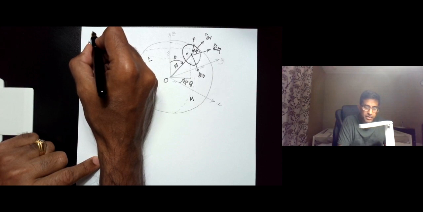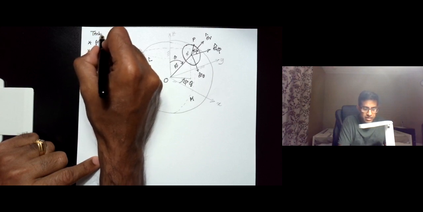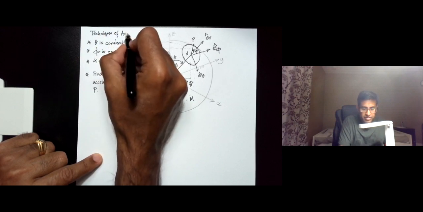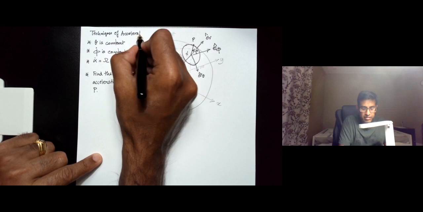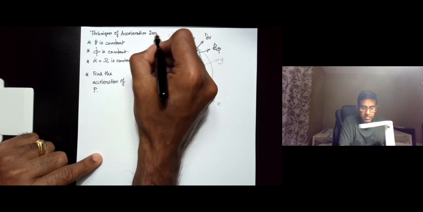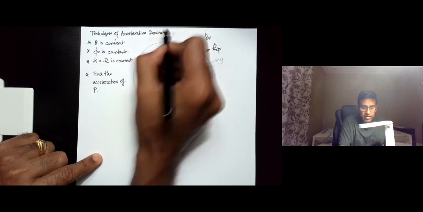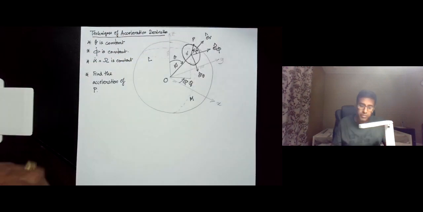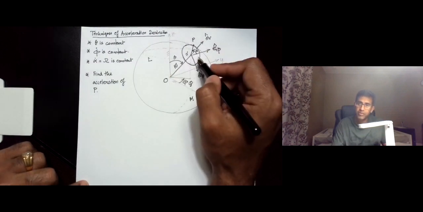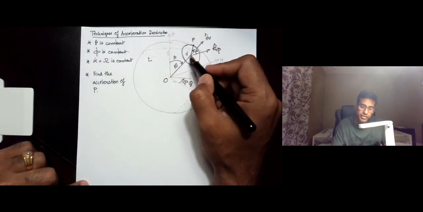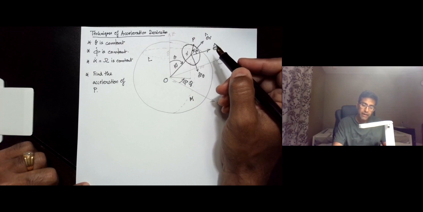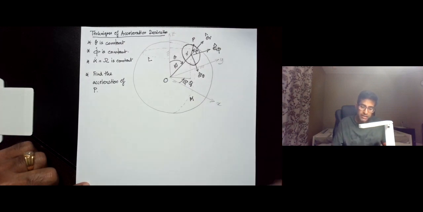This is techniques of acceleration derivation. And our emphasis is still on rigid bodies, clearly, because we are considering a gyroscope, which is essentially two rigid bodies consisting of the bar OO prime and the disk rotating, and P is a point on that disk.